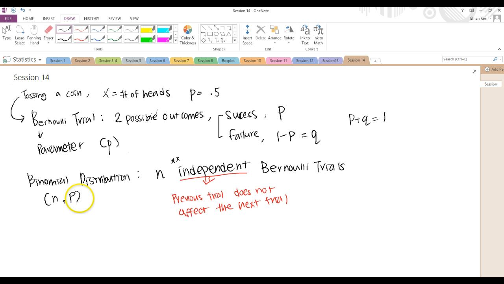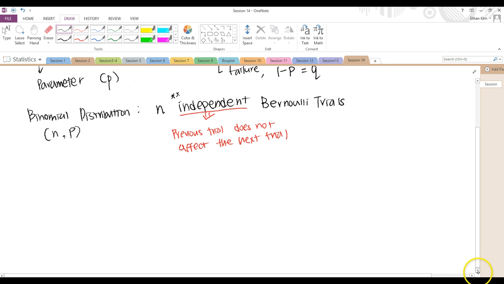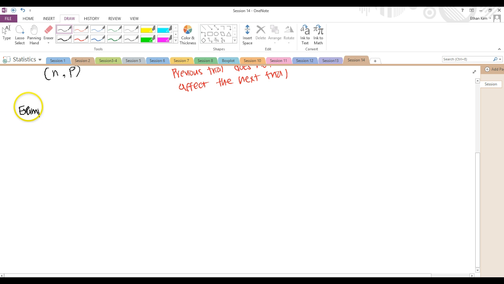Okay, so let's say we're looking at an example. Say the random variable x represents the number of students who prefer news from the internet.